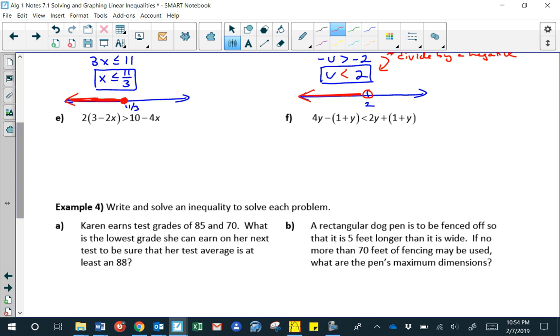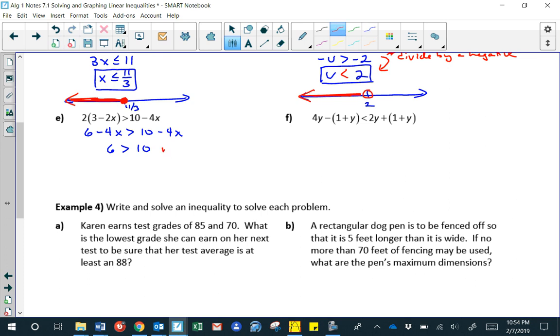In E, we have some parentheses to distribute multiplication into. So we get 6 minus 4x is greater than 10 minus 4x. Adding 4x to both sides, we'll get 6 is greater than 10.